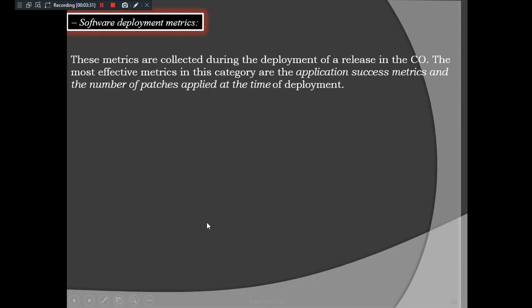Software deployment metrics are collected during the deployment of a release in the common office. For example, the most effective metrics in this category are application success metrics and the number of patches applied at the time of deployment. Deployment means the installation, for our level of understanding.